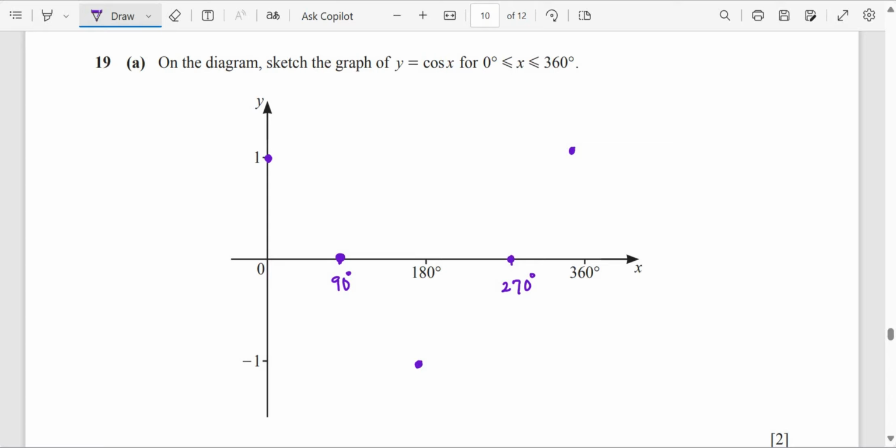So once you have all your points like that, you just need to join. Please make sure you are very careful when you're joining. Although you are just asked for a sketch, that does not mean we should draw anyhow. So you join your points. You can use freehand, and you can as well use your French curve. Okay, so that's it.